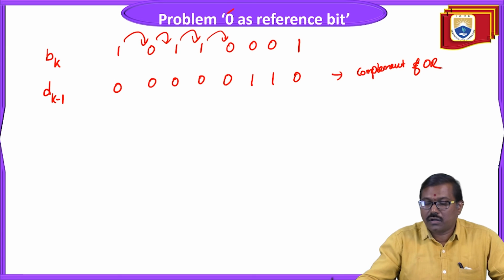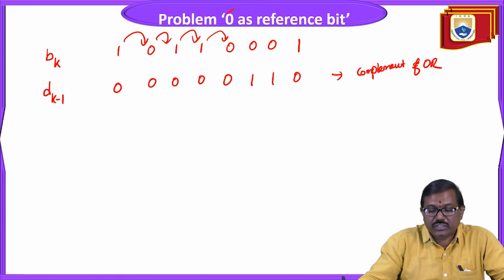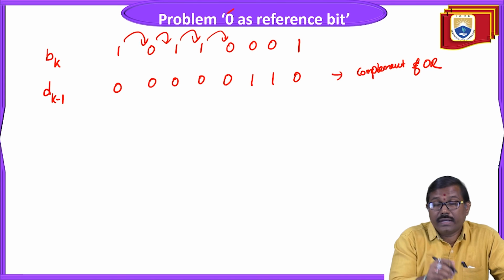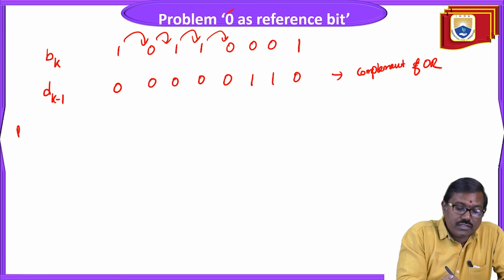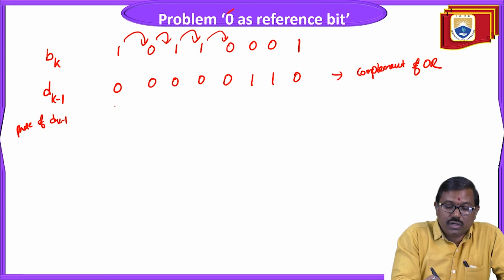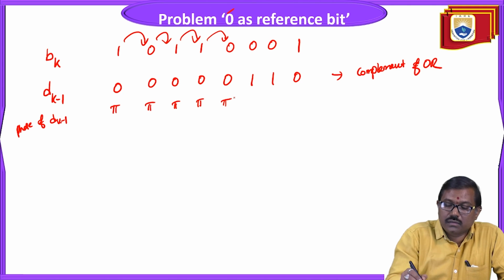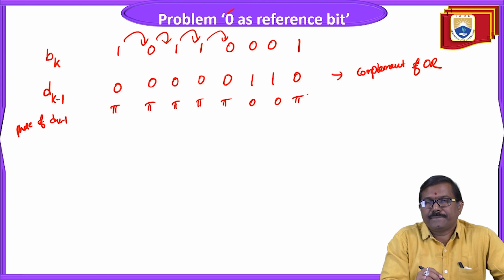Okay. So here also we take the same phase values. Why is it useful? At the receiver for comparison, the phase of DK minus 1: for 0 we take pi radians, for 1 there is no phase change, and this is also high.